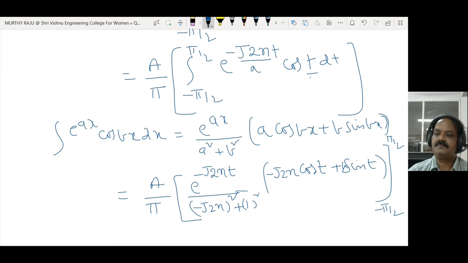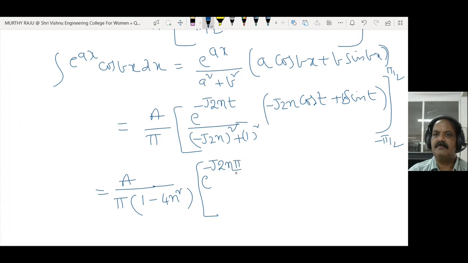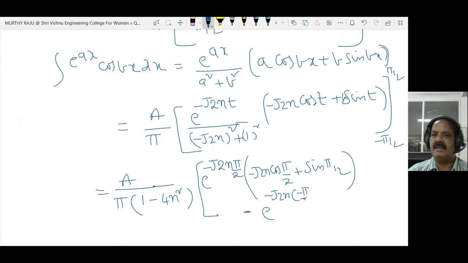Here substitute the limits. The constant is a by pi, and (-j2n) squared plus 1 is 1 minus 4n squared. Substitute t equal to pi by 2 in the upper limit, then subtract the lower limit, substituting minus pi by 2.